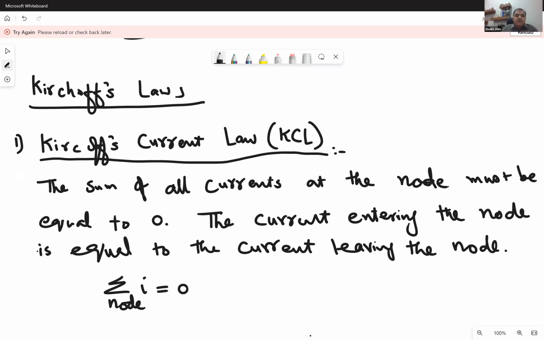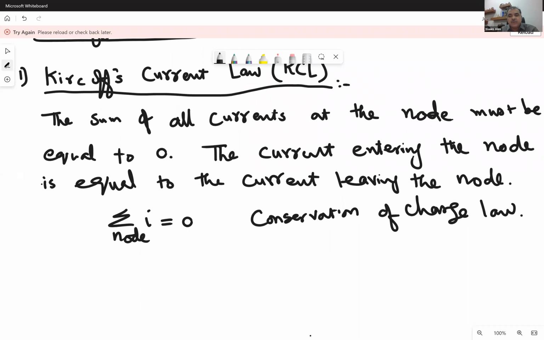Okay, so at the node, the sum of all the currents is equal to 0. And as I mentioned, this is the conservation of charge law. And of course, we'll be discussing it in much more detail later on in this course.